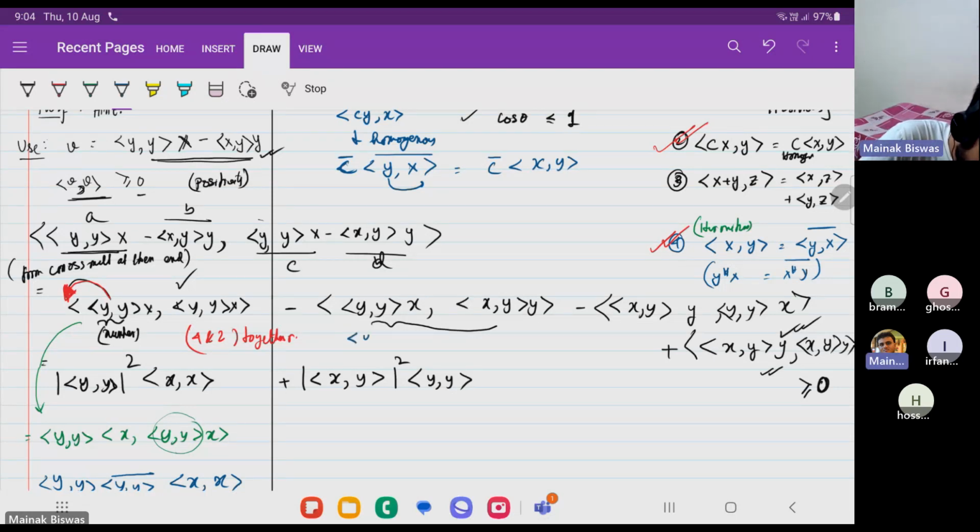do you agree it will be y, xy complement into xy? Yes or no? Yes. So I'll first take yy out, then take the complement, right?